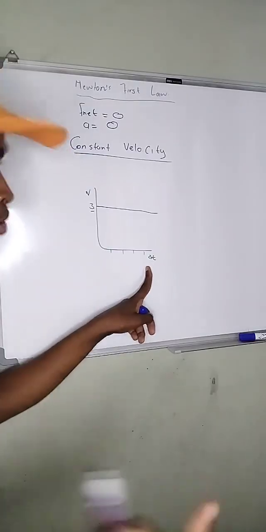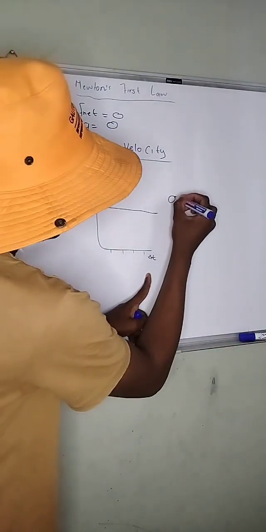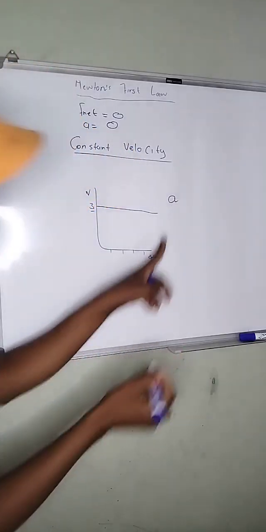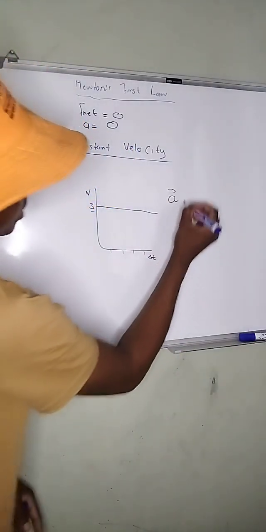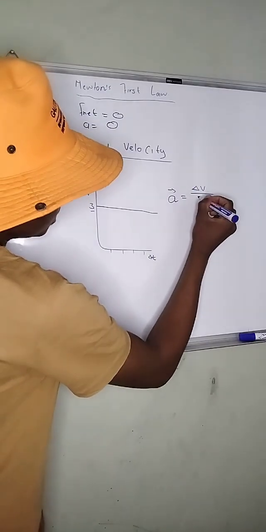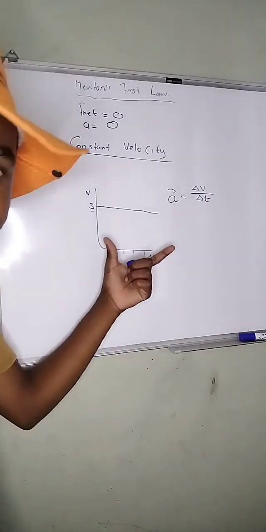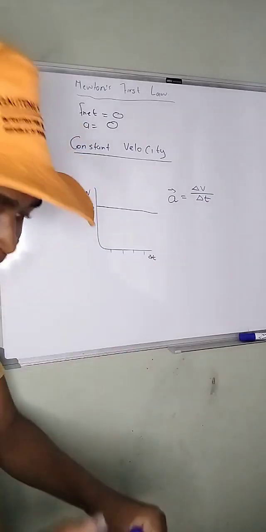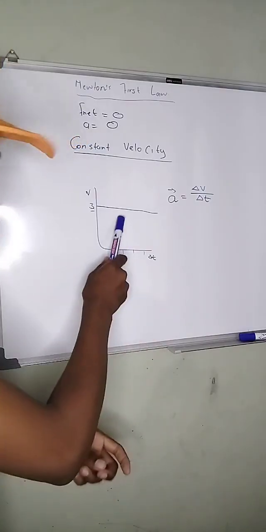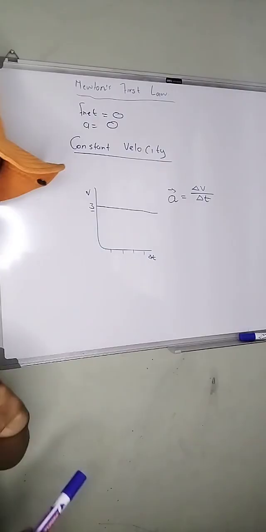How do we determine acceleration? Acceleration, being a vector quantity, is the change in velocity over the change in time. So who can tell me what the change in velocity is here?